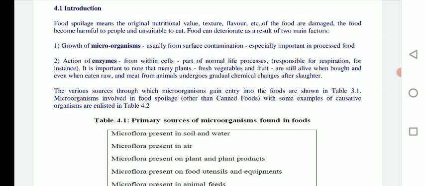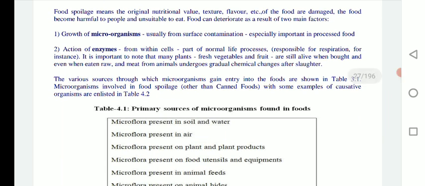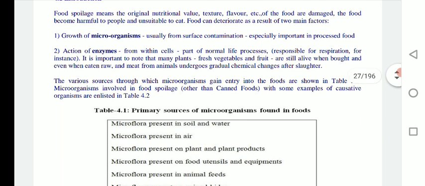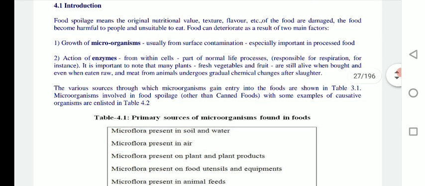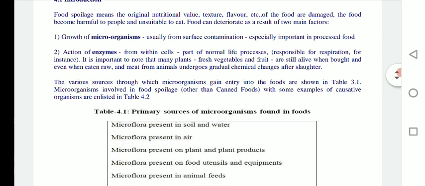So usually surface contamination is especially important in processed food. In our daily routine, we eat cooked or freshly prepared food, so the chances of microbes in that food are very minimized, but you can find the growth of microbes in some processed foods or food which is kept for a longer time.